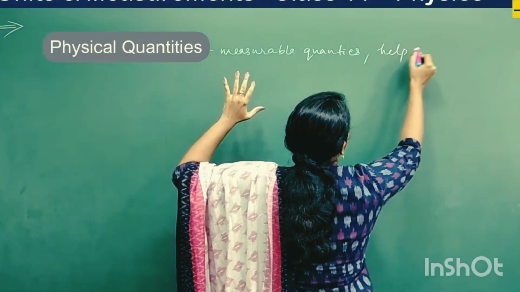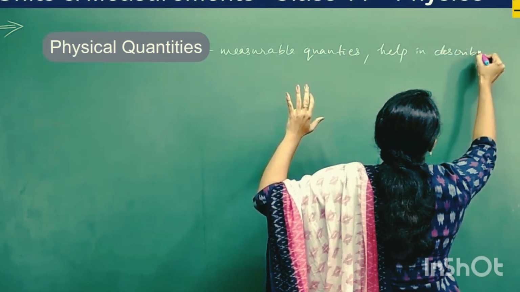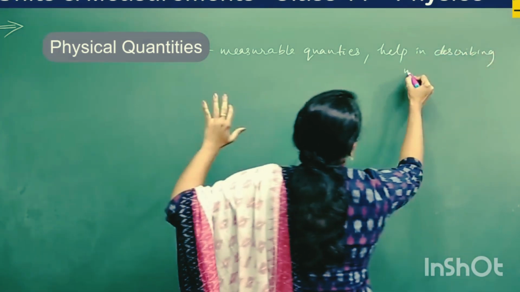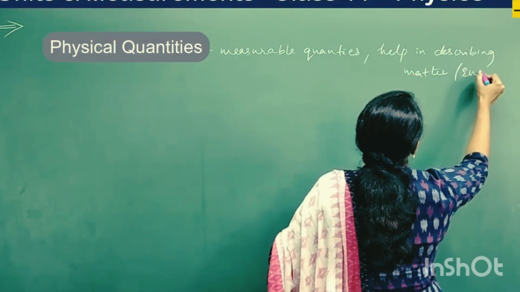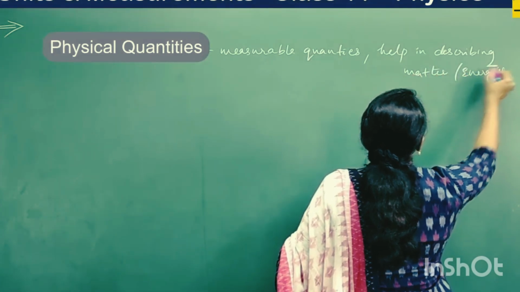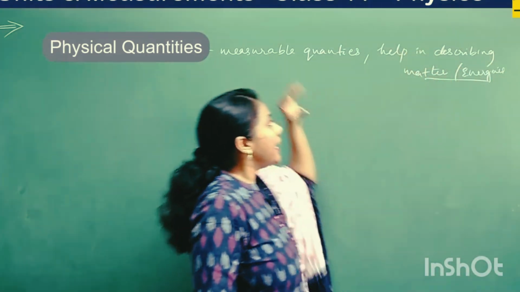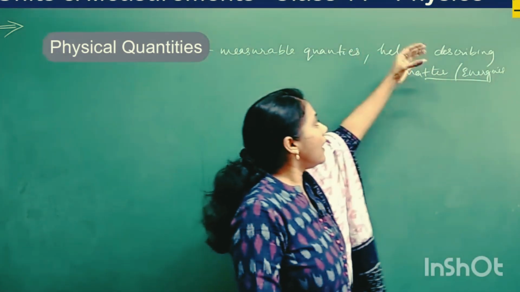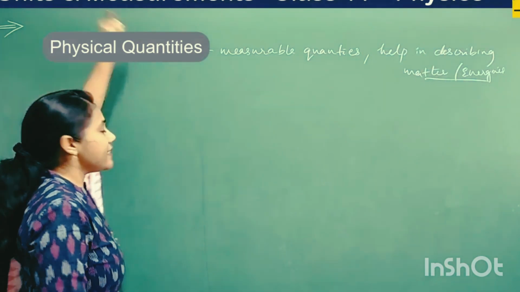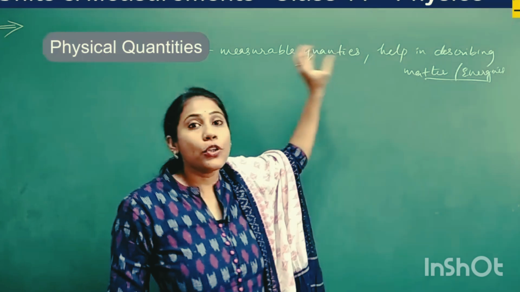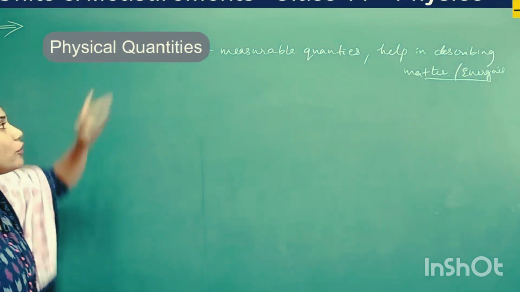They help in describing matter or energies. Physics is all about the study of matter and energies, and if you want to describe a matter or energy, we want the help of certain quantities that can be measured. So those measurable quantities are called physical quantities.